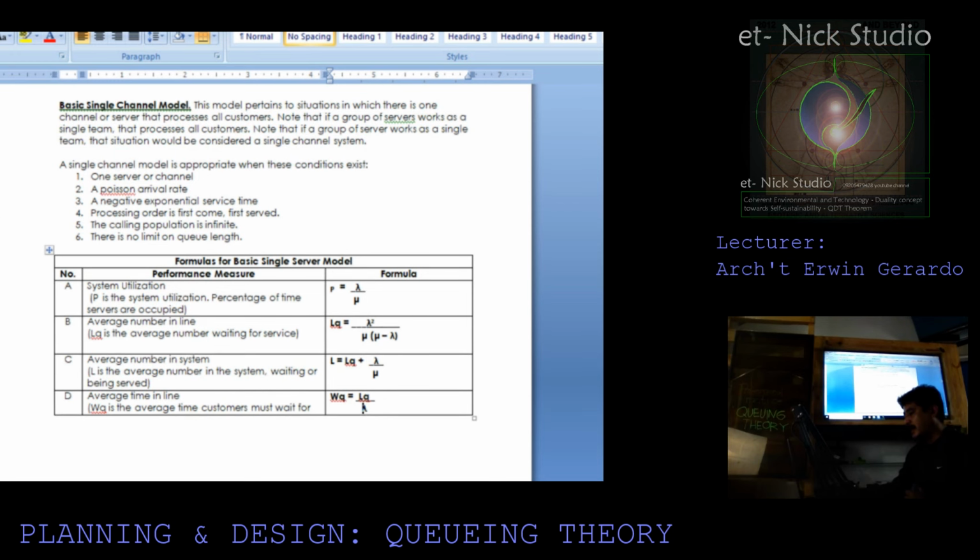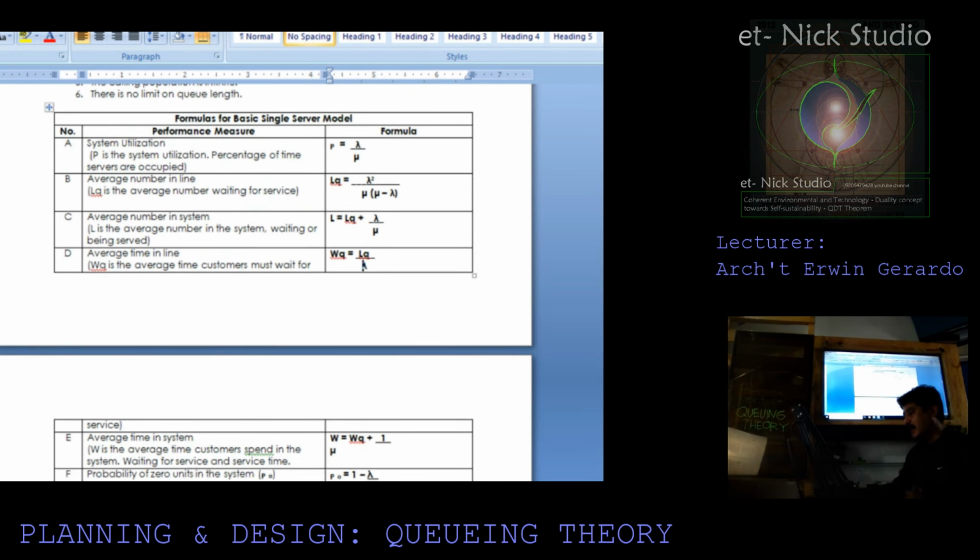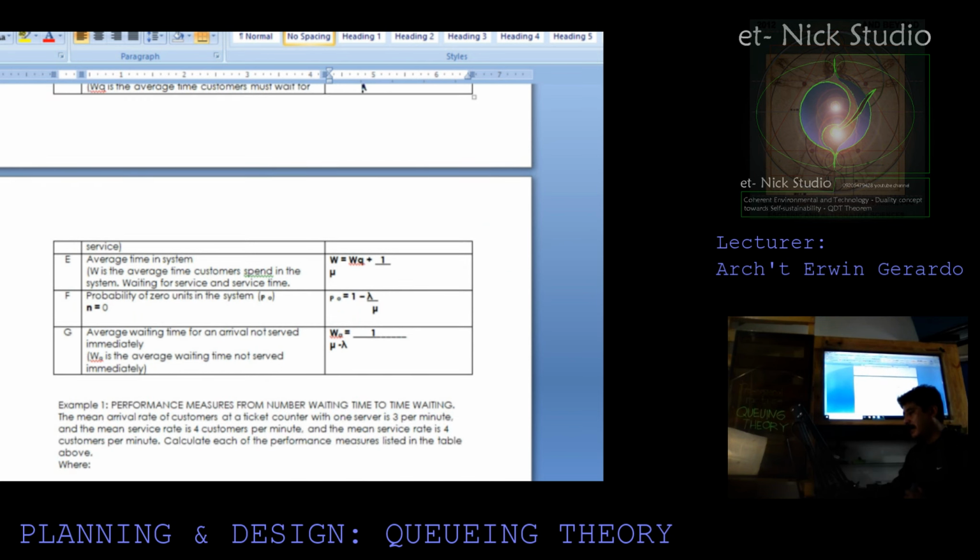And letter D, the average time in line, WQ, is the average time a customer must wait. It has to do with the average waiting time for service. And then letter E, average time in system, where capital W is the average time customers spend in the system, waiting for service and service time.